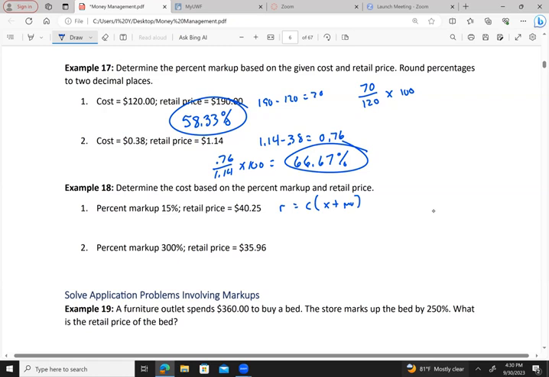So my retail of 40.25 equals my unknown cost times 1 plus 0.15.